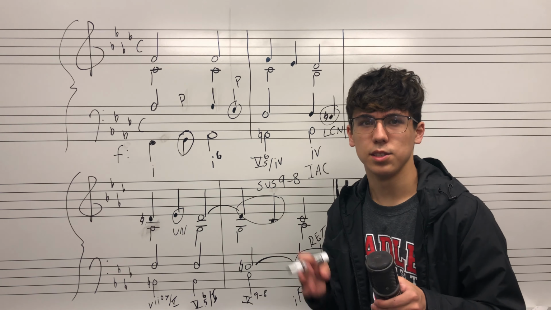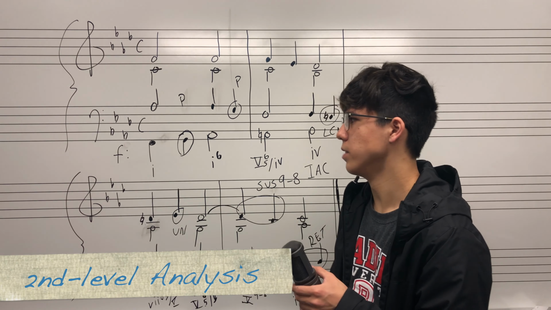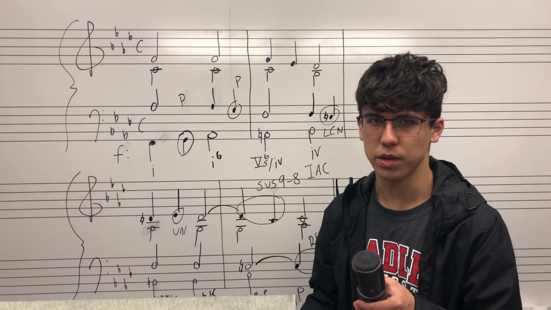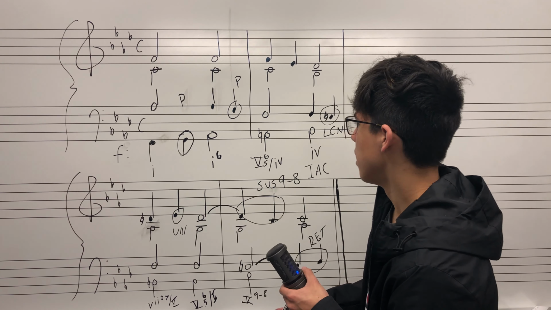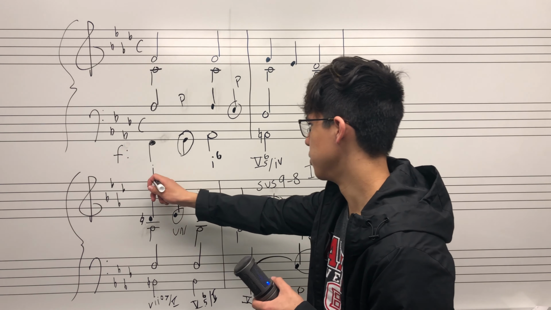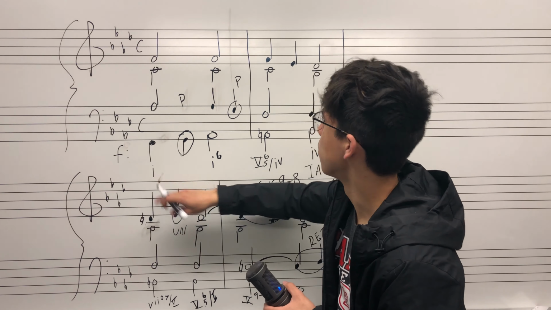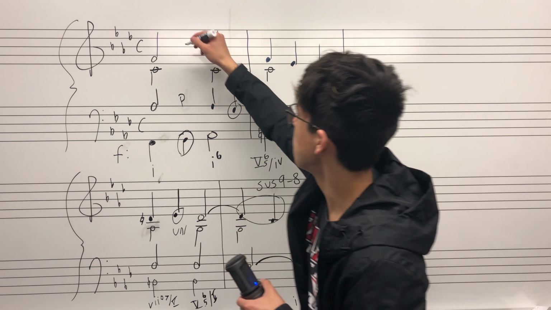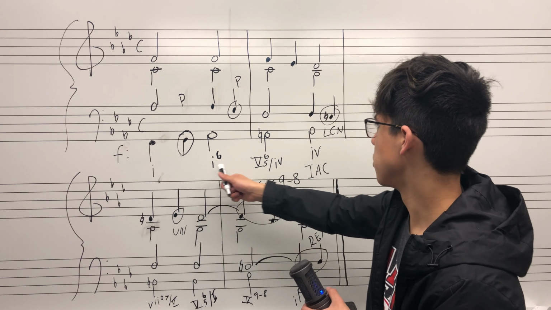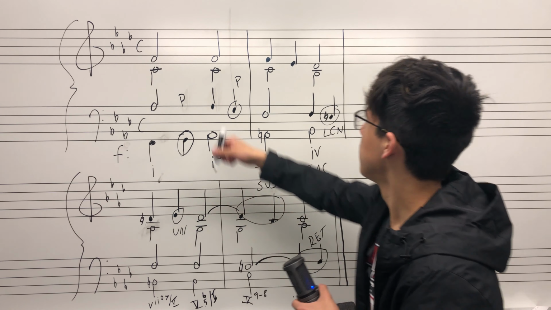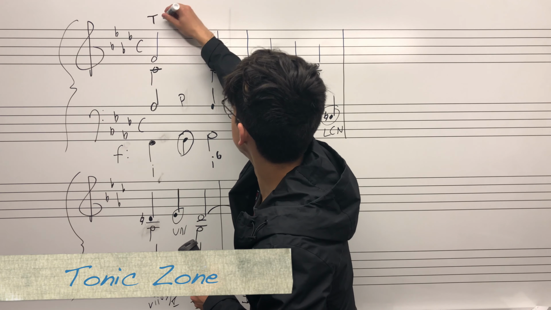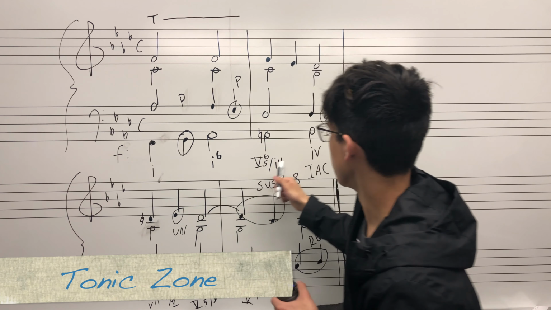Sometimes you have to do a second level analysis of what your tonic zone is, what your predominant and dominant zones are. How I would label it, it's usually below the Roman numerals, but we're running out of space, so I'm going to write it on the top. We have ones going all the way to here, so I'm going to write tonic. This is our tonic zone all the way until we reach these 4s.